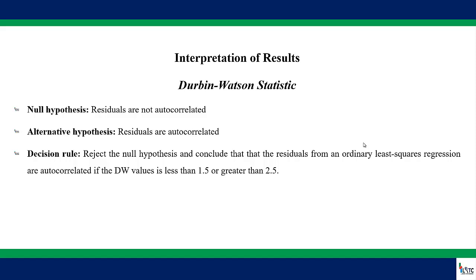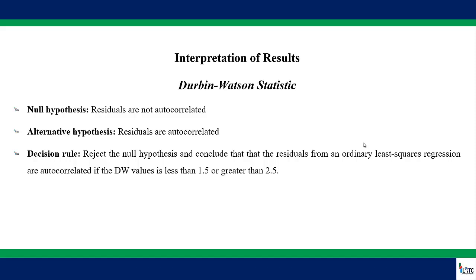But when the value is greater than 2.5, that means there is a problem of serial correlation. That is, the residuals are autocorrelated. In such case, you have to reject the null hypothesis.